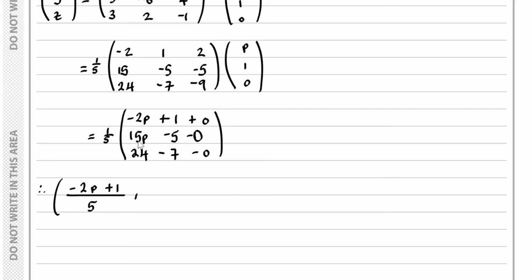And then we have 15p minus 5 over 5, which is 3p minus 1. And then we have 24p minus 7 over 5. So those are the coordinates.